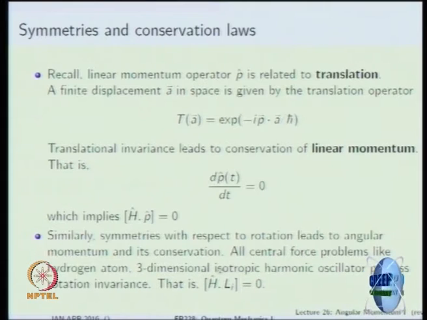Okay. Now the 3-dimensional isotropic harmonic oscillator. Isotropic in the sense that its frequency of oscillation along x, y and z are the same. You can write x squared plus y squared plus z squared as r squared. That is also like a central force problem. So in all these cases you can show that it has rotational invariance.